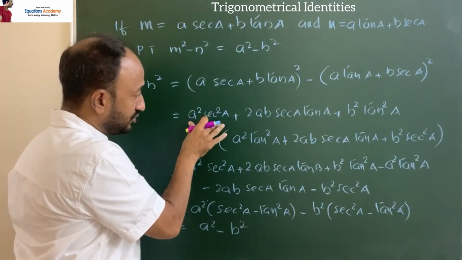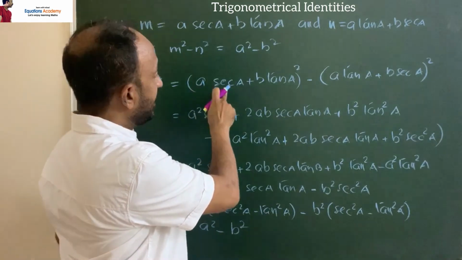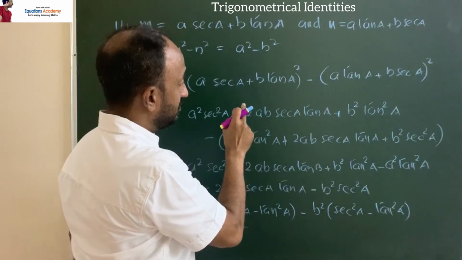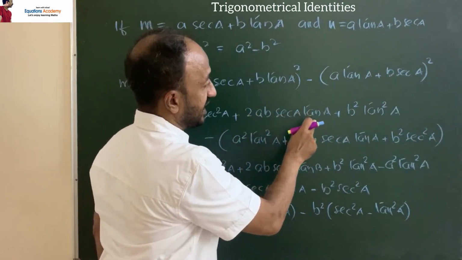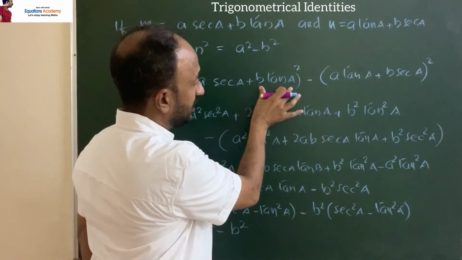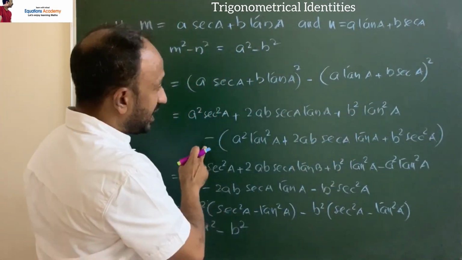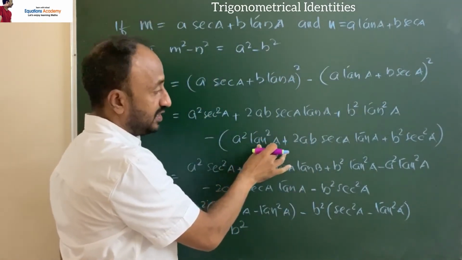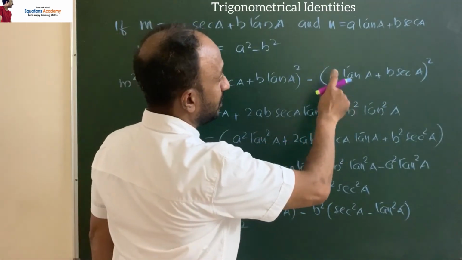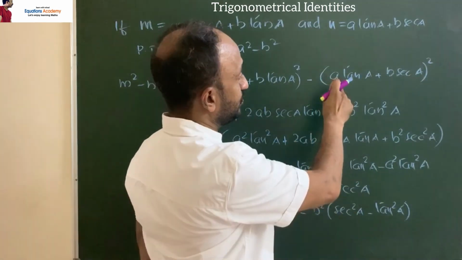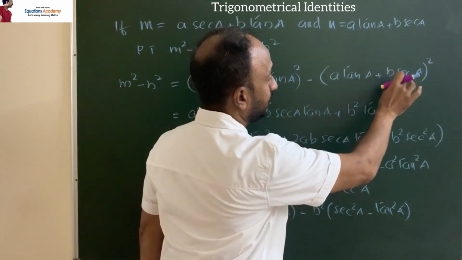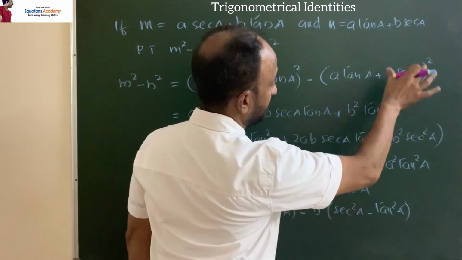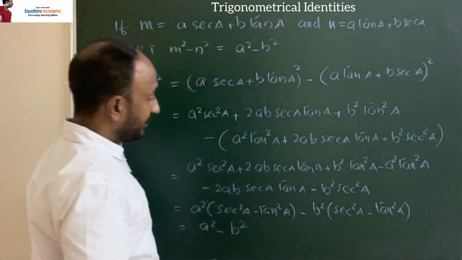So a square sec square A plus 2 into a sec A into b tan A, it becomes 2ab sec A tan A, plus the square of this part, b square tan square A, minus the expansion of this: a square tan square A plus 2 into a tan A into b sec A, that is 2ab sec A tan A, plus b square sec square A.